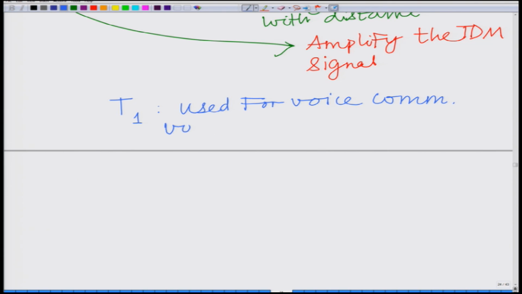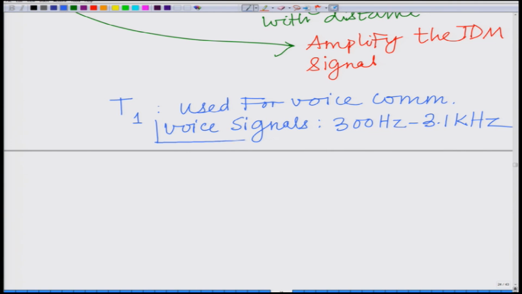And voice signals have a frequency range, the voice signal frequency band, that is 300 hertz to 3.1 kilohertz. So, you have a voice spectrum that looks something like this.